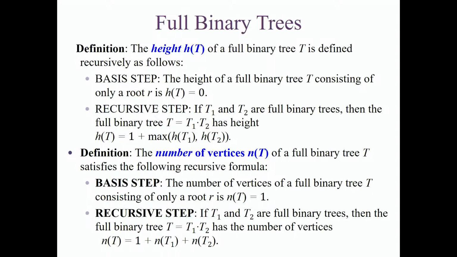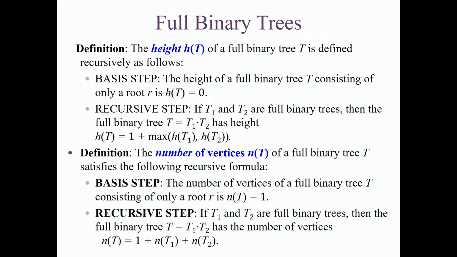So let's see, for basic step, the height of full binary tree T consisting only one rooted vertex R, we define the height of that tree is 0. Once we have only one vertex R, it's also a full binary tree, and we define the height of such tree is 0. This is the basic step.